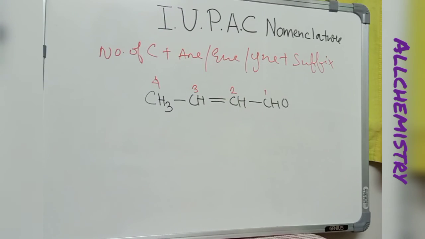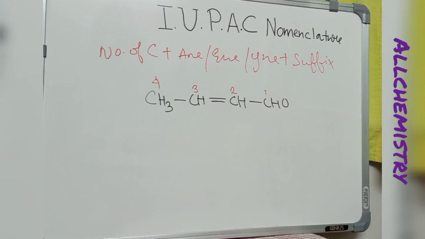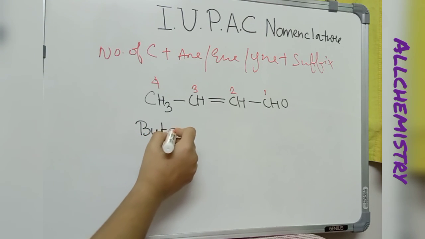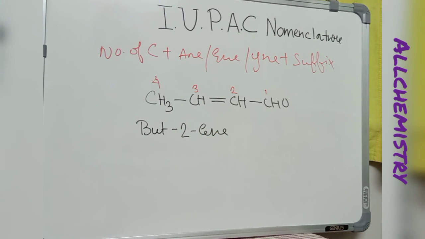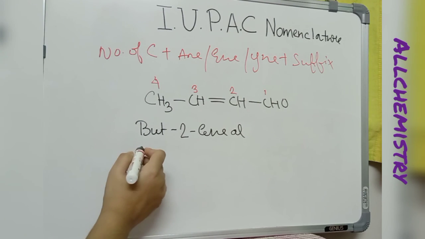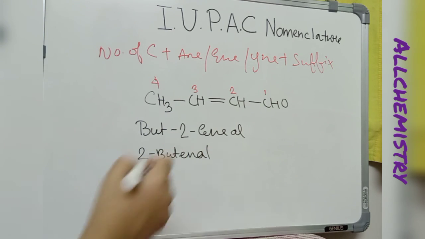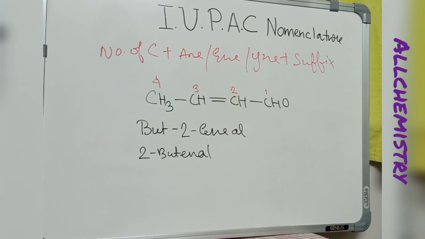Here we have meth, eth, prop, but, then 2 en, and the suffix of CHO is al, so but-2-en-al. Or we can write it like 2-butenal. Okay, we can write it like that also.